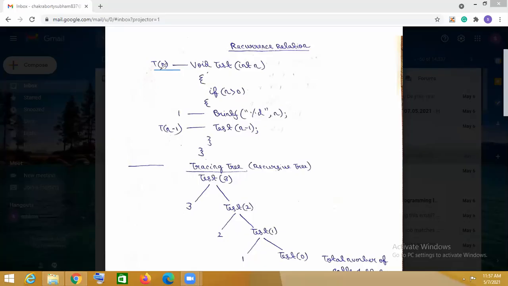But here, in the recurrence relation, we consider the time as T(n). So what is this function doing? We can assume that the total time required for solving this problem is T(n).